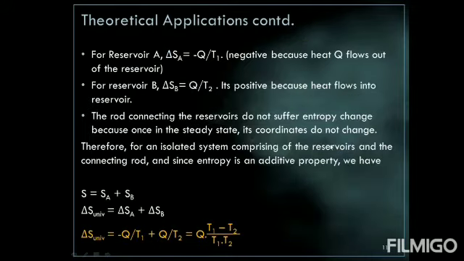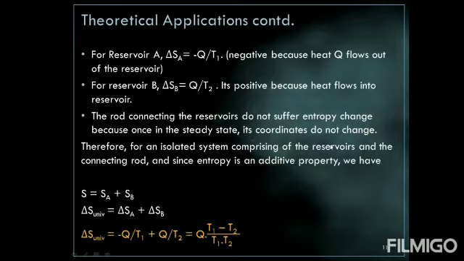Since reservoir A is supplying the heat, delta SA, the entropy change for reservoir A, will be negative and equal to minus Q by T1. Similarly, since reservoir B is accepting the heat, delta SB equals Q by T2, and it is positive.